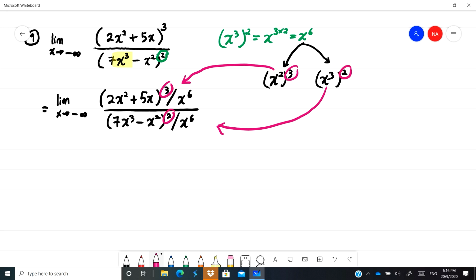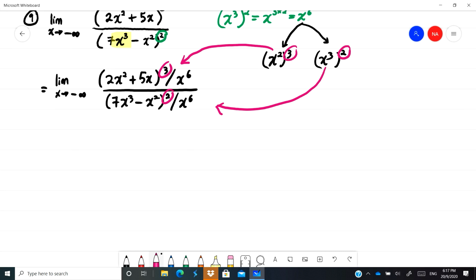So now we're going to have the limit as x approaches negative infinity of (2x^2 divided by x^2 plus 5x divided by x^2), the whole thing to the power of 3. Why do we have this?